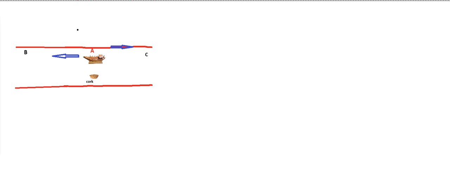Here, let us say the boat is moving with a velocity Vb, and water is flowing with a velocity Vw. This is upstream, this is downstream. The boat moves upstream, reaches this point B, and comes back.